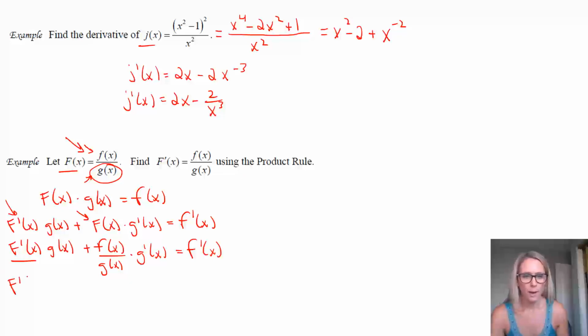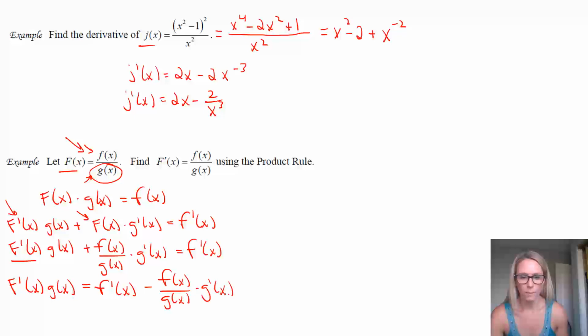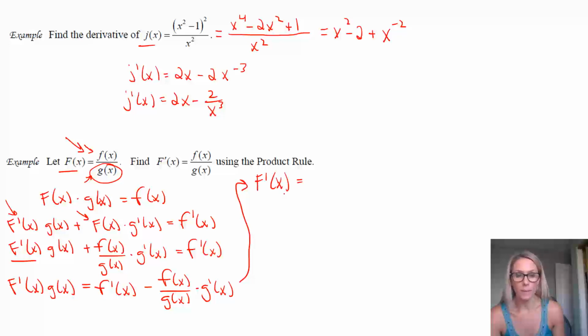So I'm going to subtract the term that does not have the big F prime. So I'm going to bring it over to this side, f prime of x, and then subtract that whole thing, f of x over g of x times g prime of x. And then, of course, to solve, we need to have big F prime of x by itself. So I'm going to have to divide both of those pieces by my g of x.